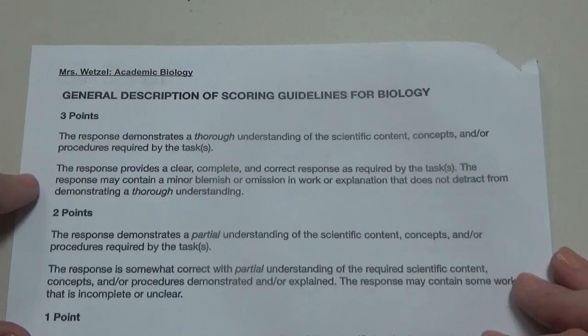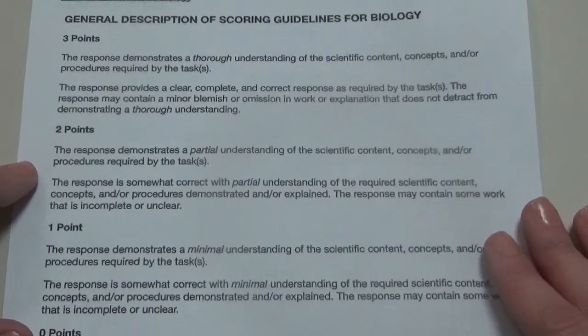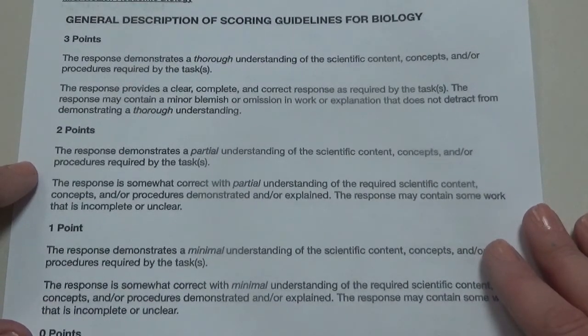The response provides a clear, complete, and correct response as required by the task. The response may contain a minor blemish or omission that does not detract from demonstrating a thorough understanding. 3 means you really understood it. It's not that difficult. For 2 points, the response demonstrates a partial understanding.